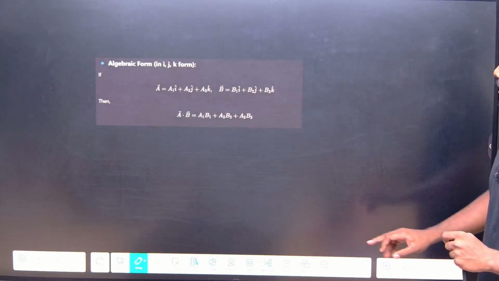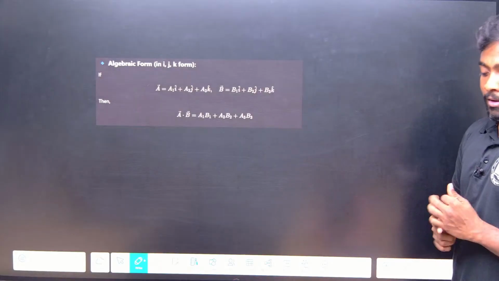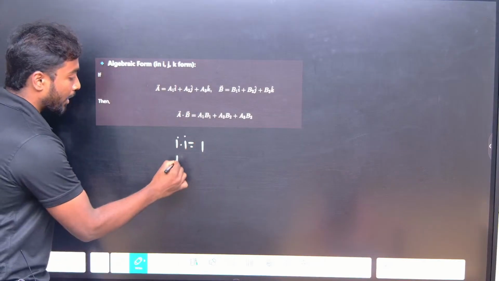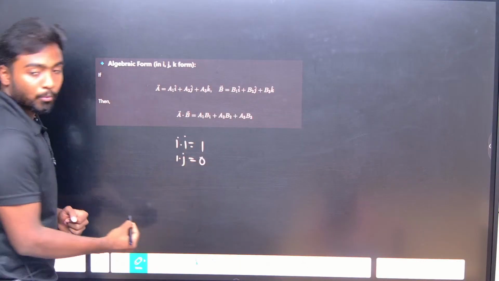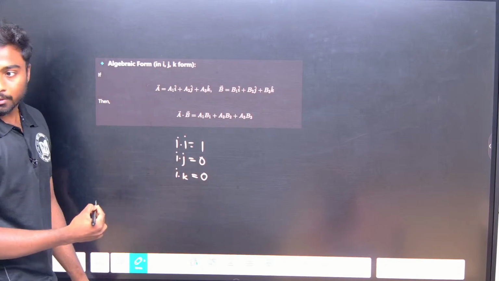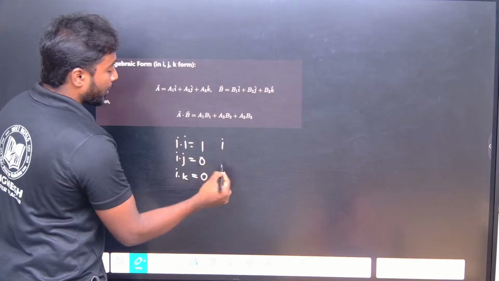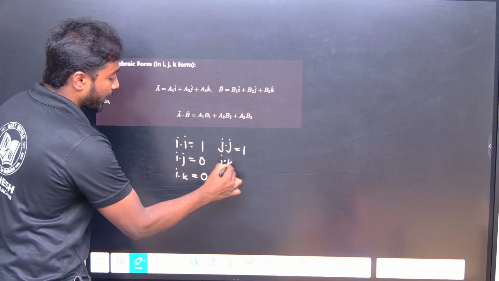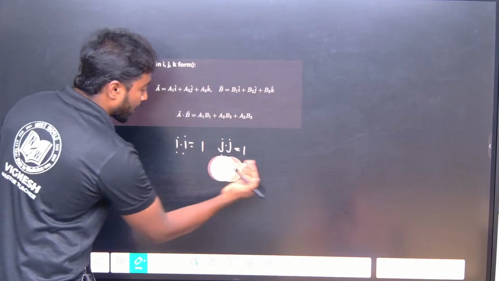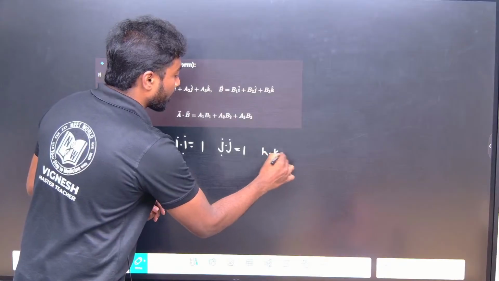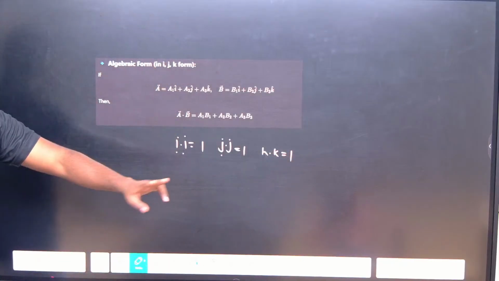One thing you should keep in mind: i dot i gives 1, i dot j gives 0, i dot k gives 0, j dot j is 1, j dot k is 0. Only i dot i, j dot j, k dot k equal 1. Everything else will be 0.